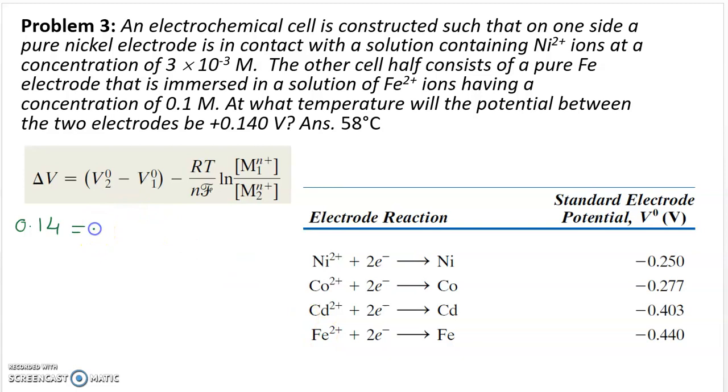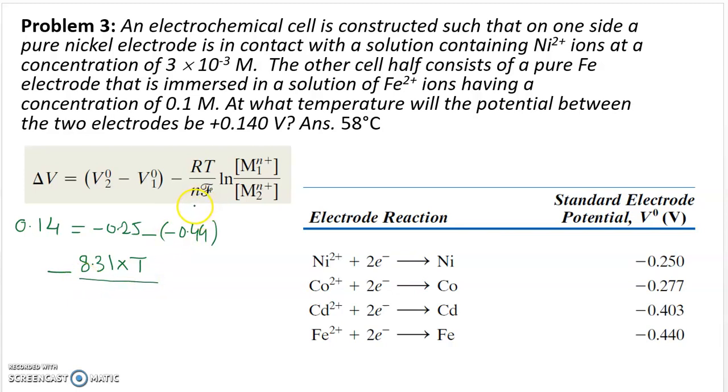So it will be minus 0.25, and minus iron, which is minus 0.44. And then minus R, the gas constant. The value of the gas constant is 8.31 joules per mole multiplied by the temperature, which we have to find, divided by n.